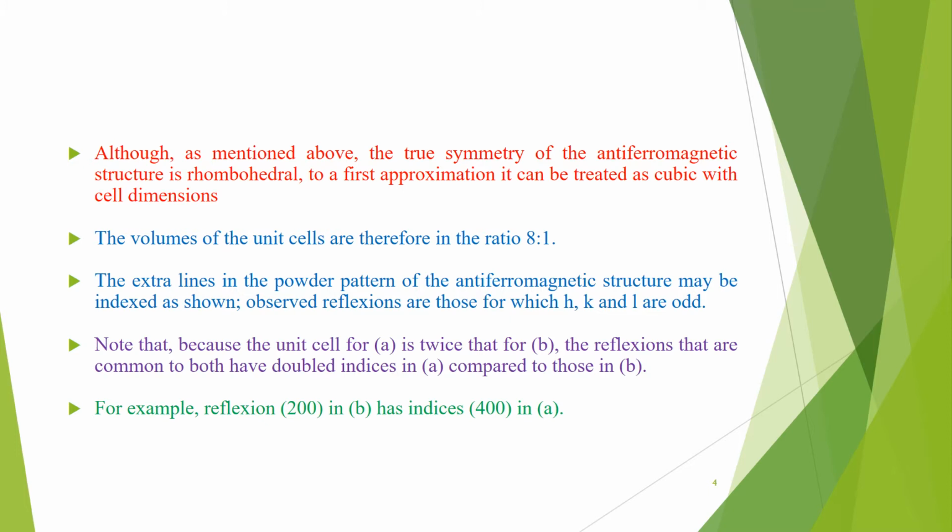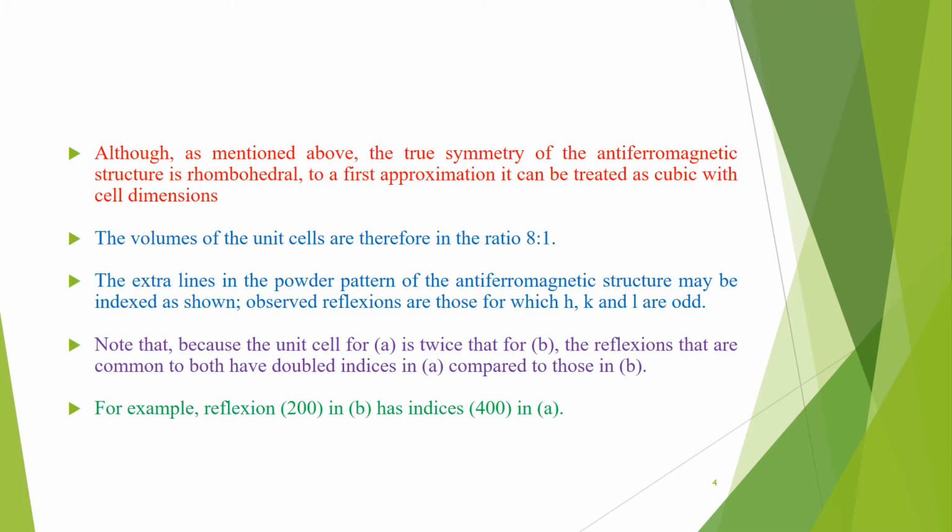That is, A is equal to 8.85 angstrom at 80 Kelvin, which is less than the Néel temperature, whereas at 293 Kelvin, which is greater than the Néel temperature, A has a value of 4.43 angstrom.